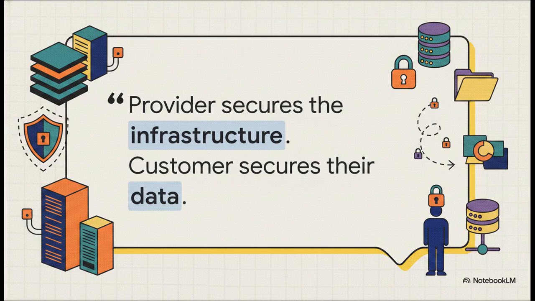They lock down the actual data centers and the physical server hardware. But moving your stuff to the cloud absolutely does not let you off the hook. You as the business or user are still entirely responsible for securing your own data, correctly configuring your applications, and strictly managing your identity and access policies. Yes, the cloud is an incredibly secure platform, but how you choose to use it dictates how safe your data actually is at the end of the day.